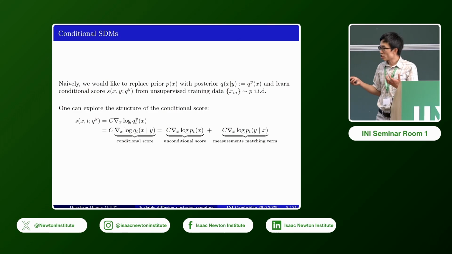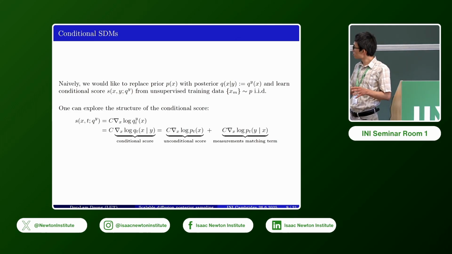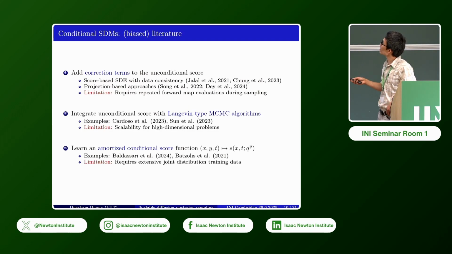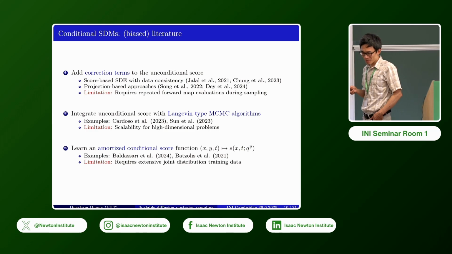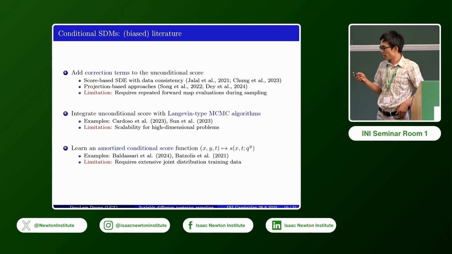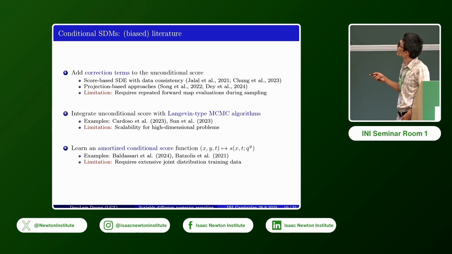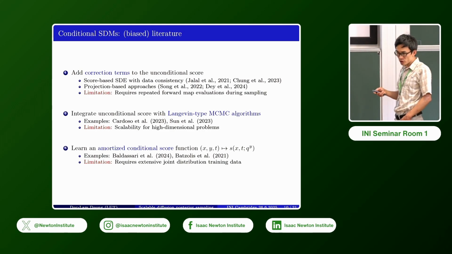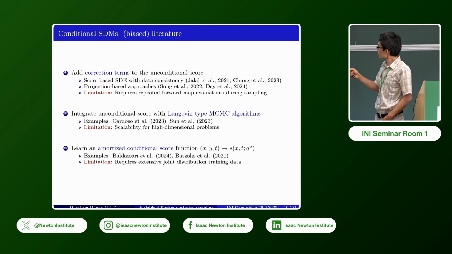So a lot of work has been done in this direction that can be grouped into mainly three directions. Of course, there are many others that resemble these, but we group here the three main directions in this framework of using diffusion models in inverse problems.